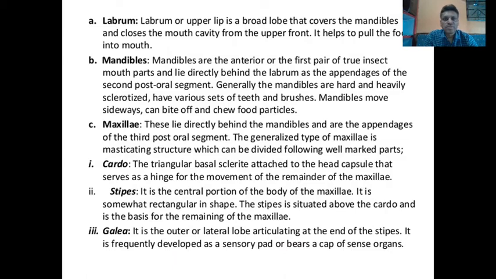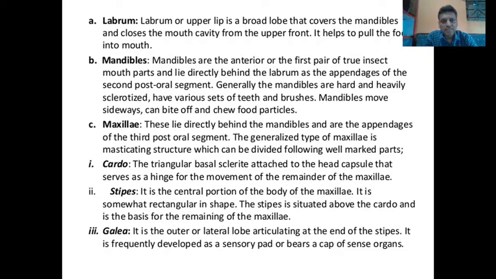The labrum is the upper lip of the insect which covers the mandibles and closes the mouth part cavity from the upper front. It helps to pull the food into the mouth. Mandibles are the first pair of true insect mouth parts, lying directly behind the labrum.